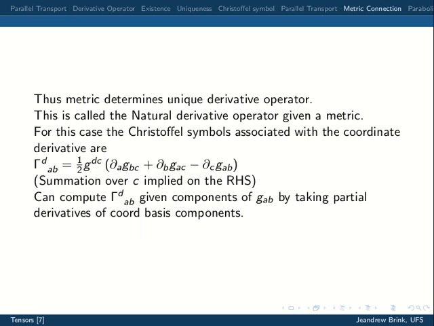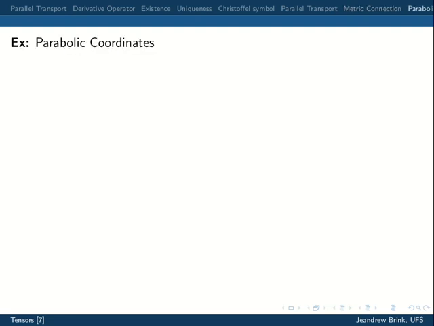Let's have an example. Once again, we're going to go back to the parabolic coordinates because it's simply an example that is unusual. And we're going to have a flat Riemannian metric in two dimensions. In other words, our Cartesian coordinates are going to be this.